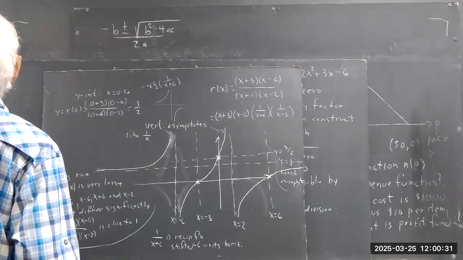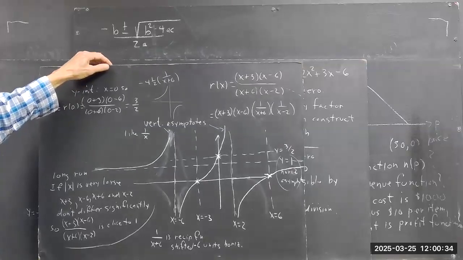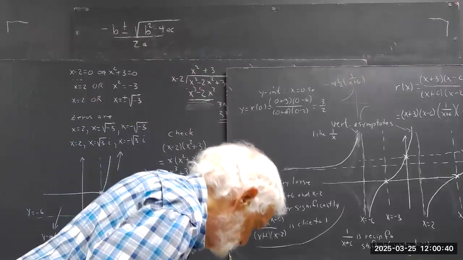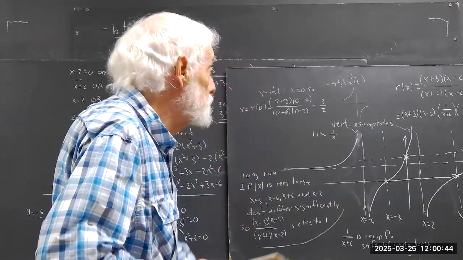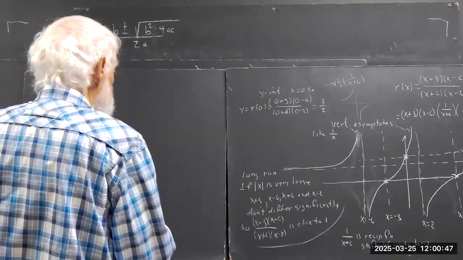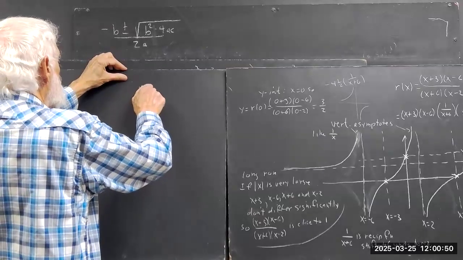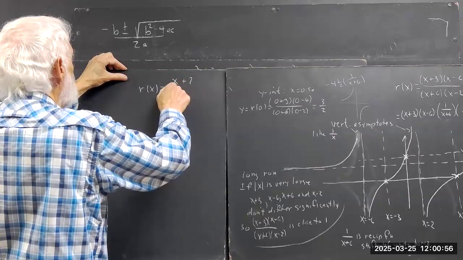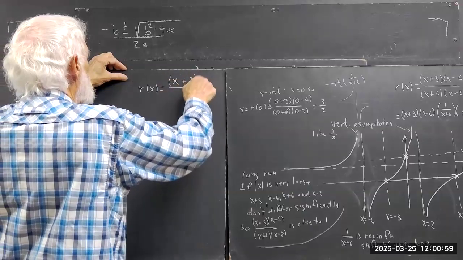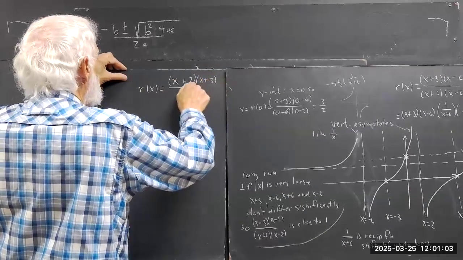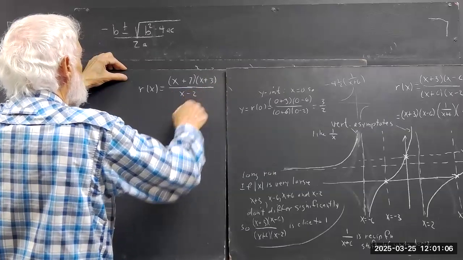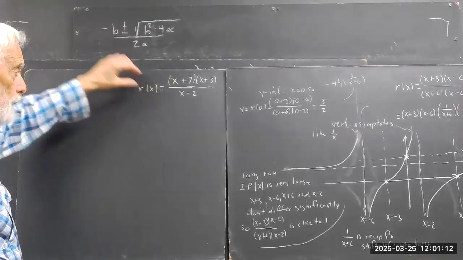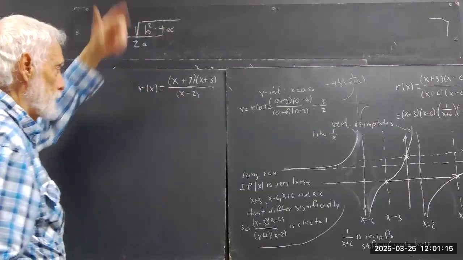I'll do example 2. Okay, now this is a polynomial over polynomial. This polynomial can just be linear factors.